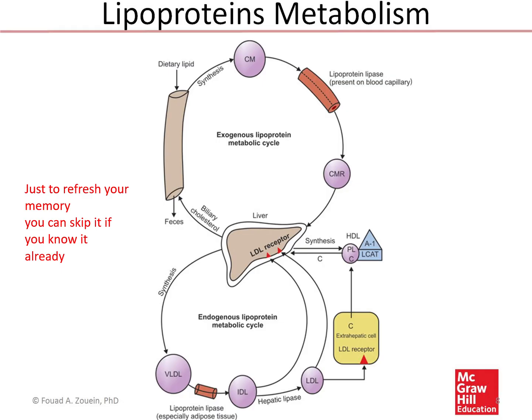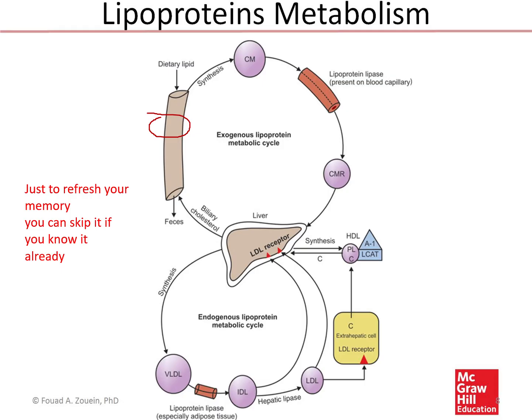There are basically two types of pathways: the exogenous pathway and the endogenous pathway. The exogenous pathway is based on all the lipids that we eat that come from diet, triglyceride and cholesterol. Once we have a fatty meal, the intestinal cells package dietary cholesterol and triglyceride into chylomicrons.